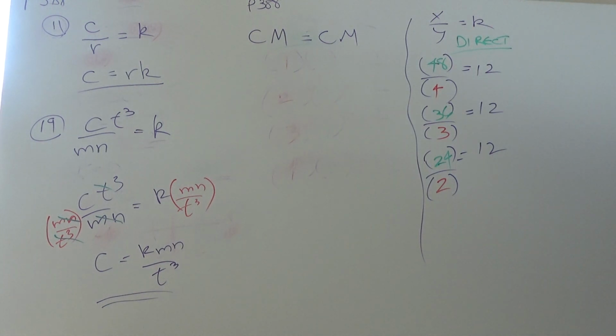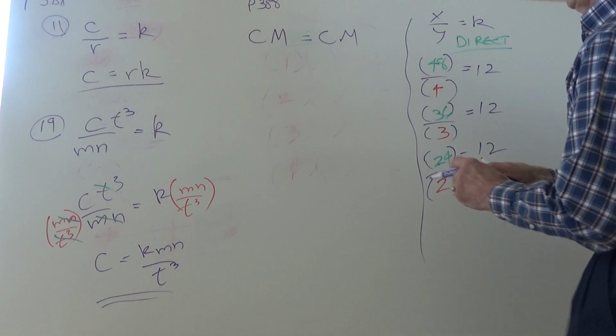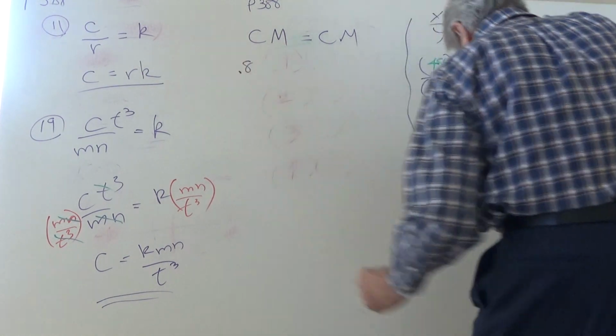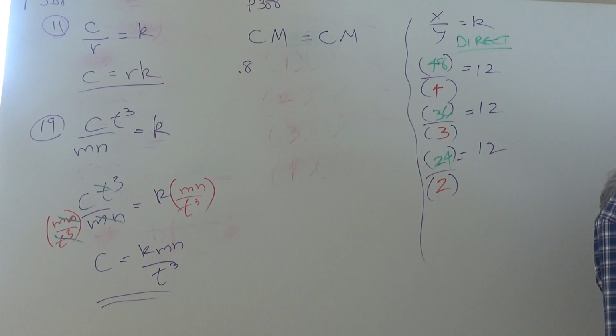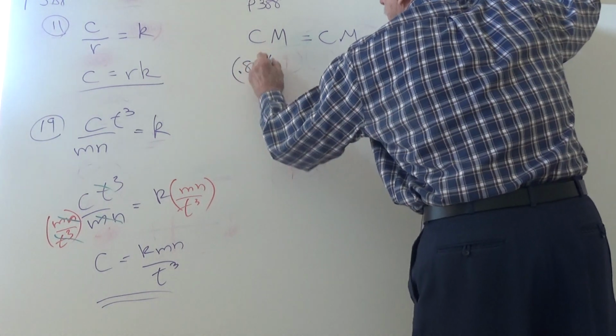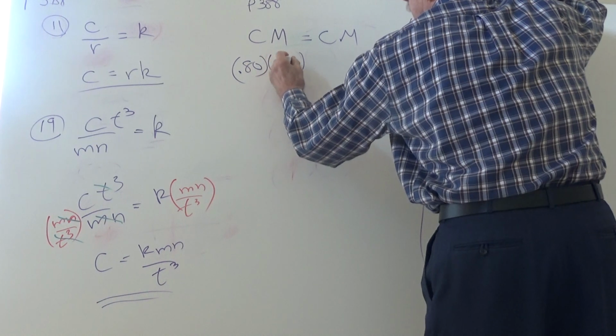And then we're told that if we drive 100 miles, it's going to cost us 80 cents a mile. So the cost here, 80 cents a mile, 0.80, times the miles, 100 miles.